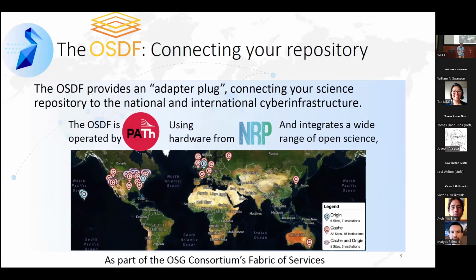So the PATh project does the operations for it. And this all falls under the OSG Consortium's fabric of services. Here we're at about 24 caches or so, give or take. I think we're closer to 30 now. This is a bit of an old map, and there's a growing number of origins.